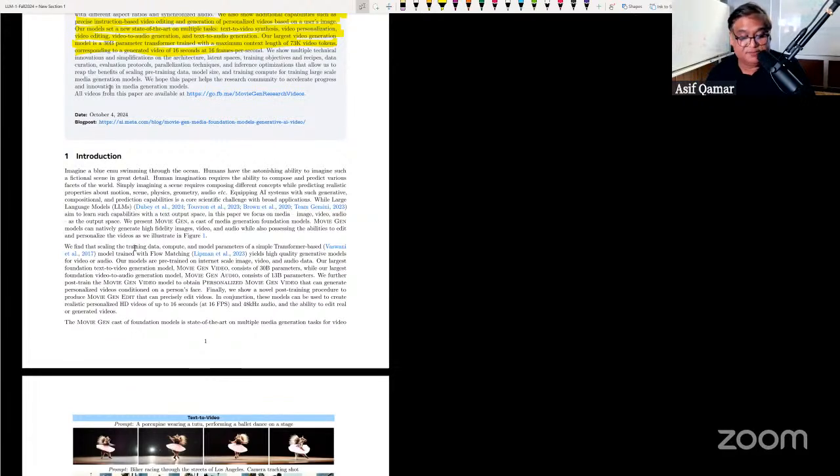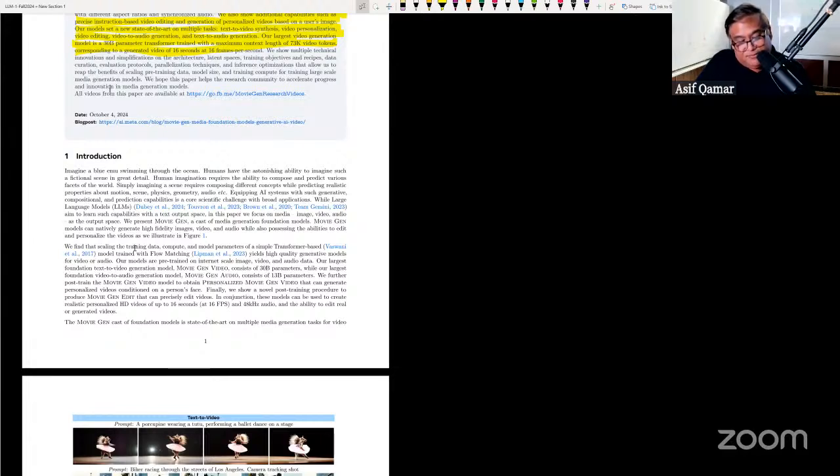While large language models aim to learn such capabilities with a text output space, which we know. What's the output of an LLM? Word tokens, right? In this paper, we focus on media, image, video, audio as the output space.